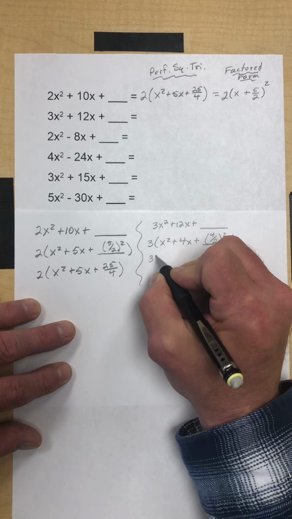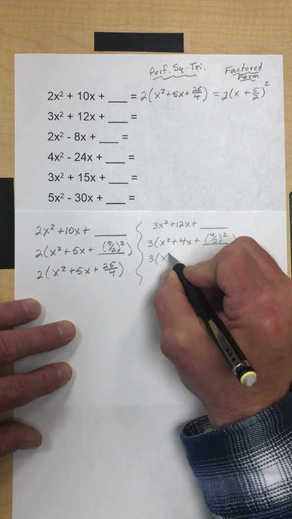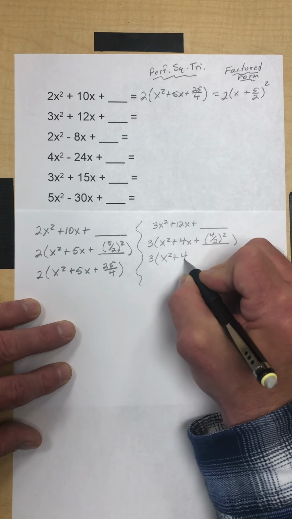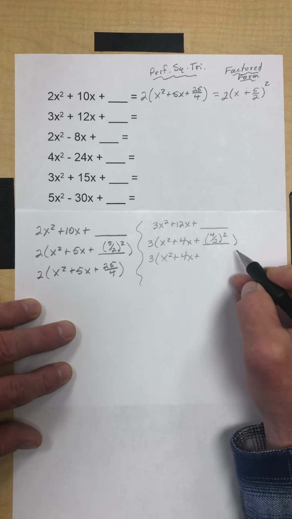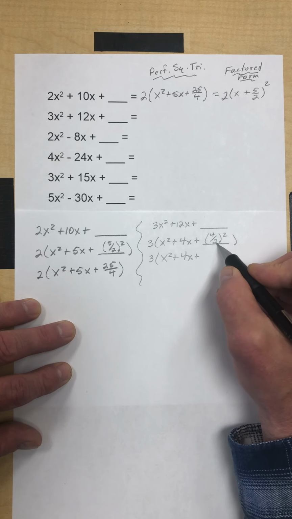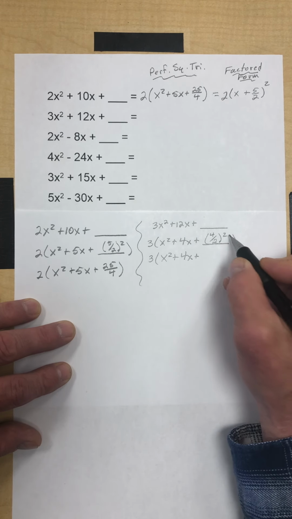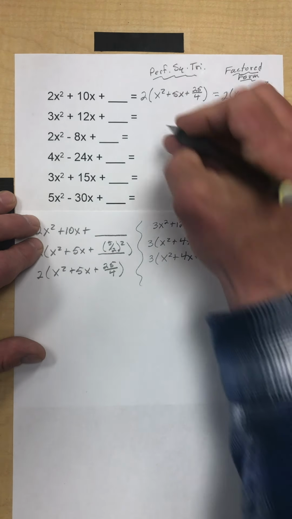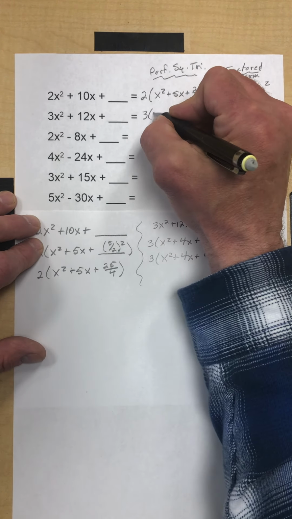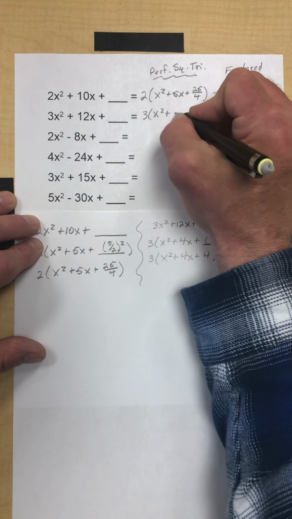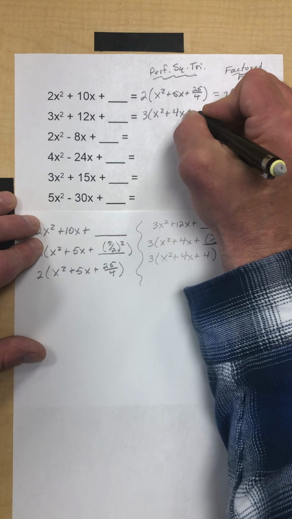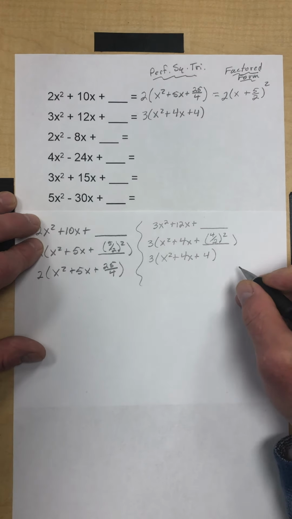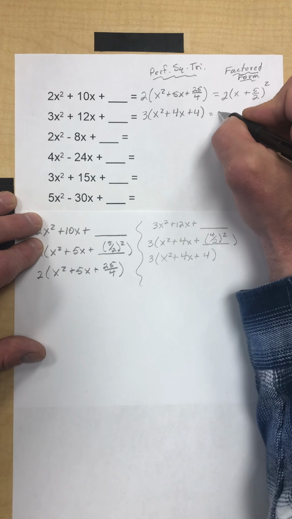So I have the 3 out front, the GCF. I get x squared plus 4x plus, well, 4 divided by 2 is 2, and 2 squared is 4. So there's my perfect square trinomial. So I have 3 times x squared plus 4x plus 4. That's my perfect square trinomial, and then I put it in factored form.